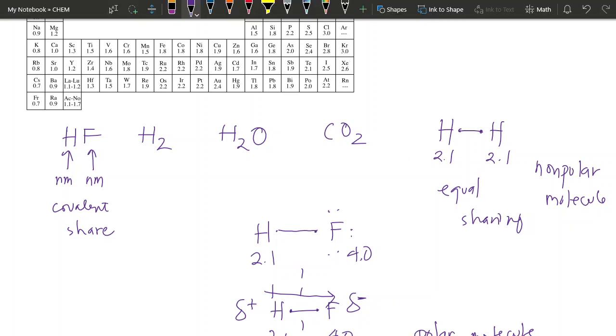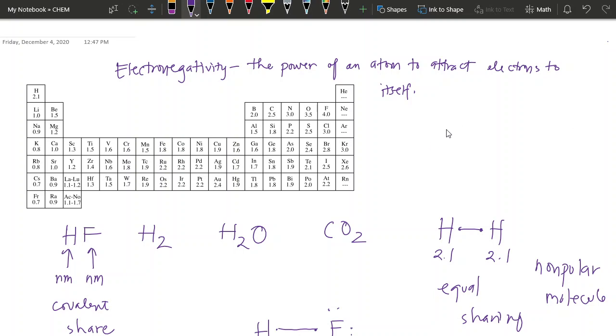Next, let's see H2O. The shape of H2O is bent, so I'll not discuss the details for this. H2, that's two H. This one is the shape for H2O.